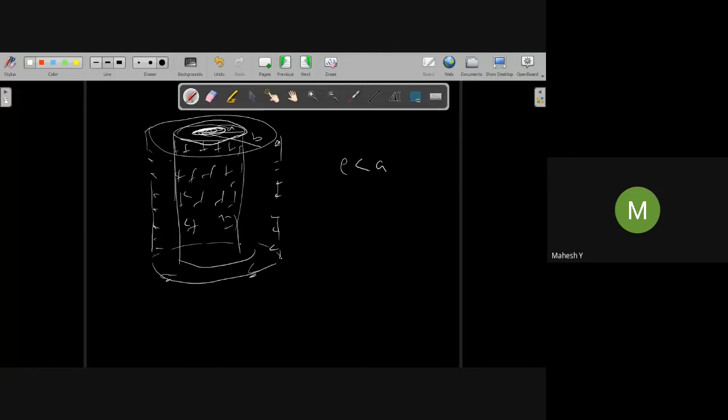So if I take a cylinder inside with the radius rho, as we discussed earlier, closed integral D dot dS is equal to Q enclosed. As we see here, this inner cylinder will not enclose any charge because the charges are accumulated at the surface. So this will be 0.